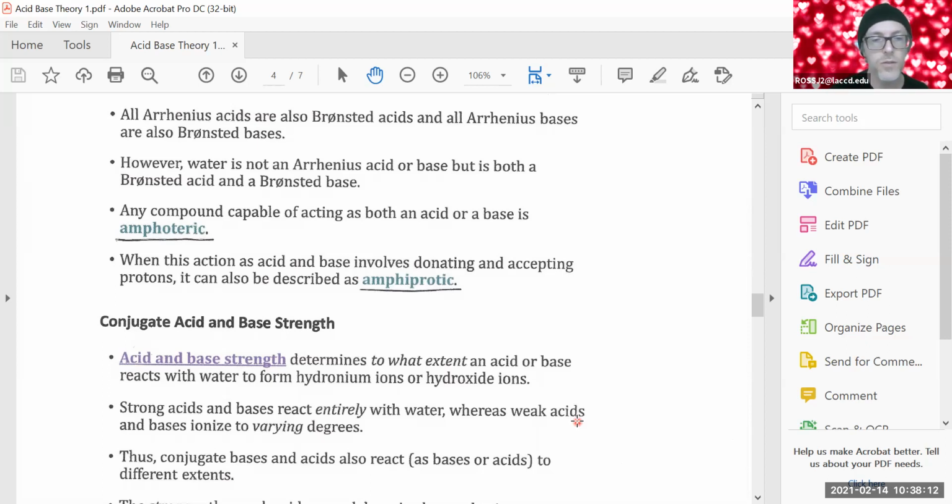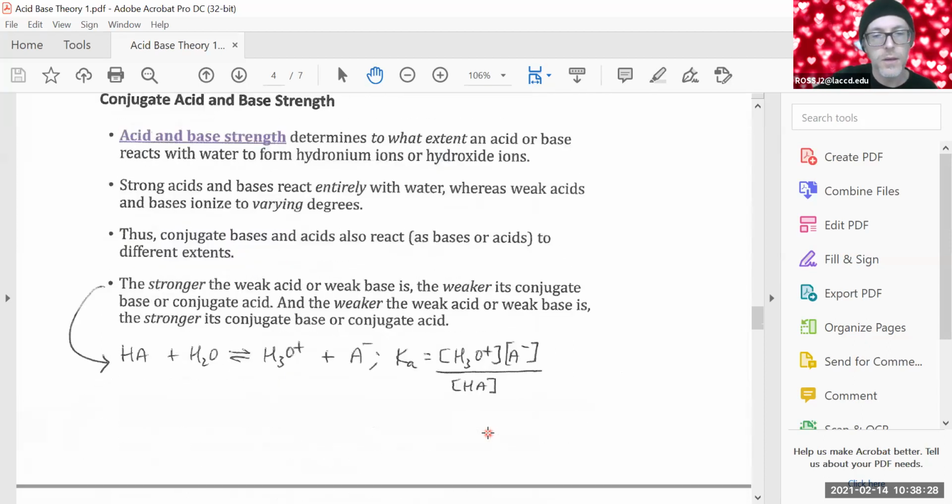What else can we do? We can definitely do that again here, but specifically we're interested in the strengths of the acids, the Bronsted-Lowry acid versus the conjugate acid, or the Bronsted-Lowry base versus the conjugate base.